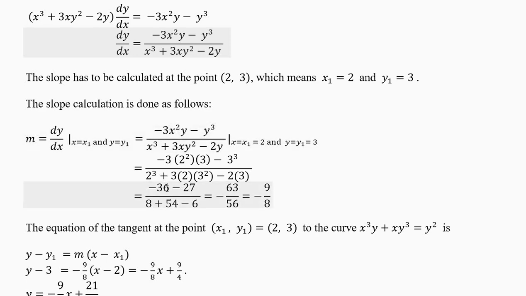And remember the minus sign, it is minus 36. Y cube is 3 cube, minus 27. X cube, 2 cube is 8. Then 3xy square, 3 into 2 into 3 square. You will get 6 into 9, 54. Remember it is plus 54. Minus 2y, y equal to 3, minus 6.